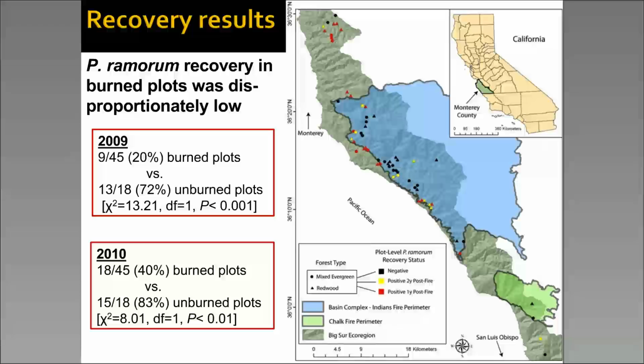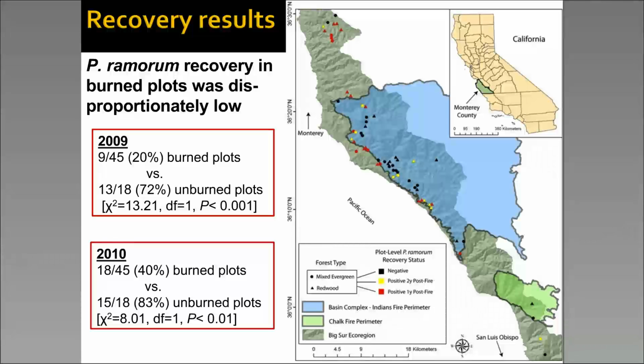So the overall story from our recovery results was that P. ramorum was recovered even in the burned plots, but recovery in burned plots was disproportionately low compared to unburned plots. So in 2009, we recovered the pathogen from 20% of our burned plots versus 72% of our unburned plots.